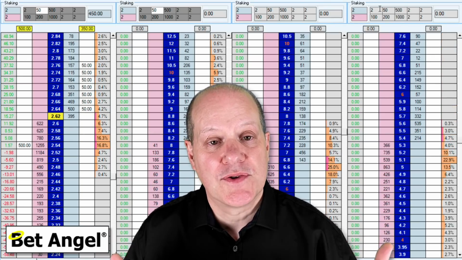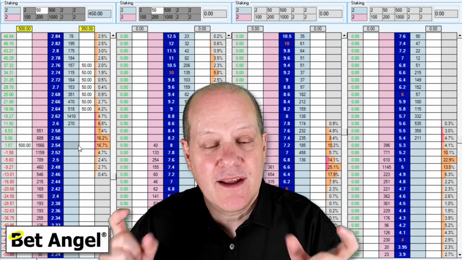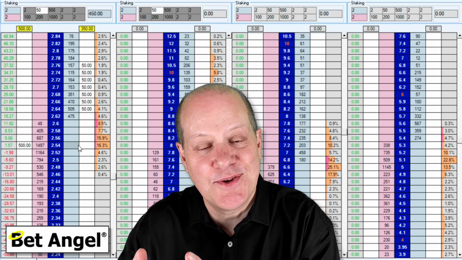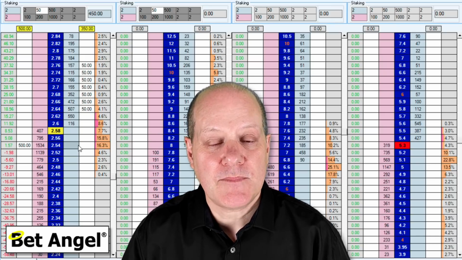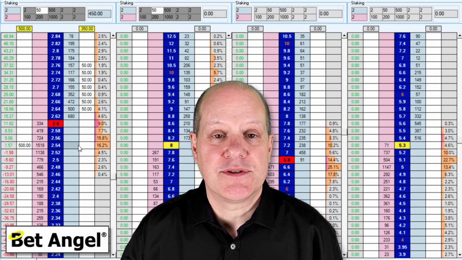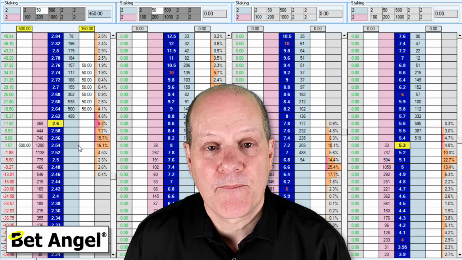And especially with pre-off horse racing, all of that has to come into the market just before the start. So there's that lovely period between sort of 0 and 10 minutes, sometimes slightly longer, sometimes slightly shorter, where all of that money comes in and determines where the price should be. And we're looking at the order book, we're looking at the information that's available to us and making a decision based upon what we think people are attempting to do.